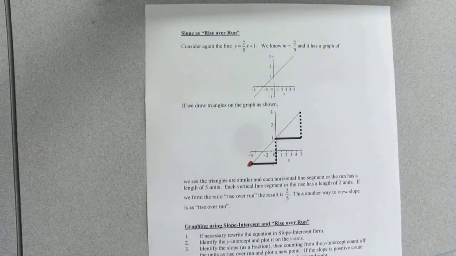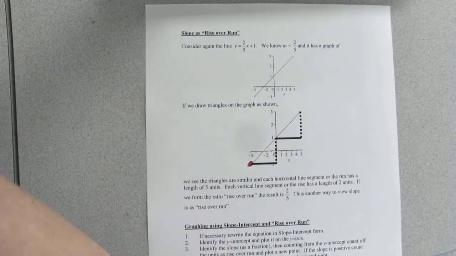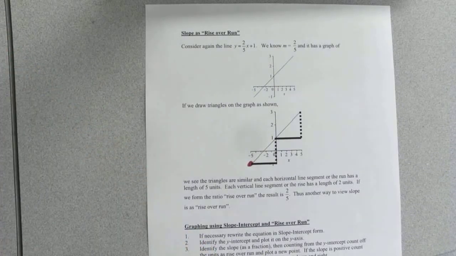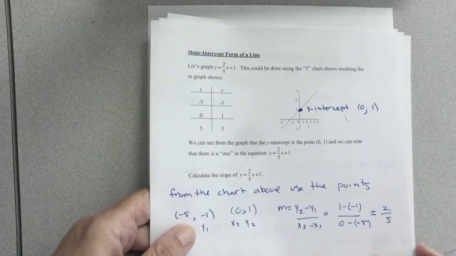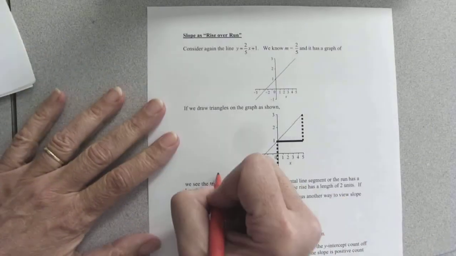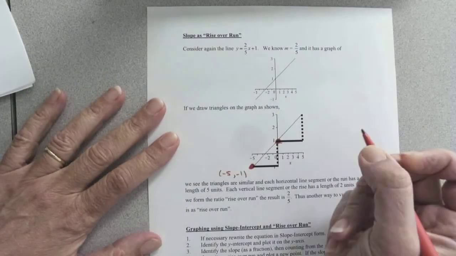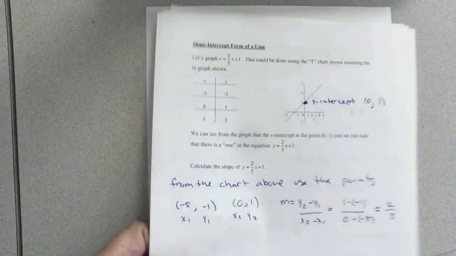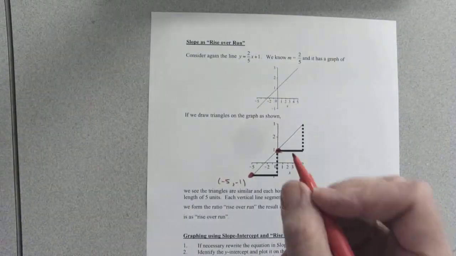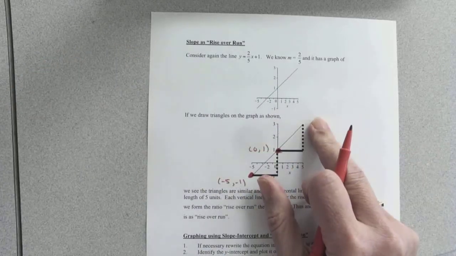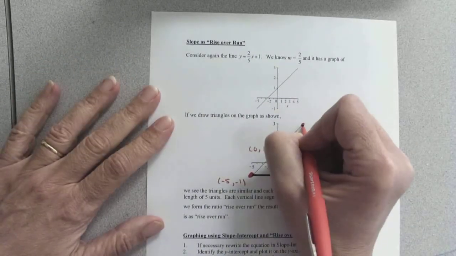If you remember the t-chart that I had for this, way back here, this point down here was -5, -1. That point there from my t-chart, 0, 1, and that last point there, 5, 3.